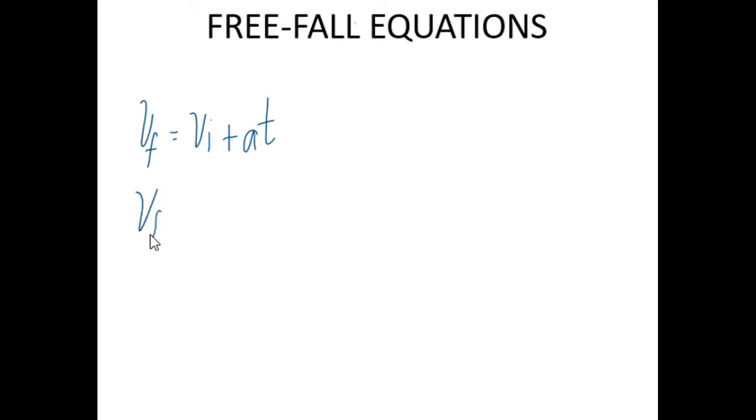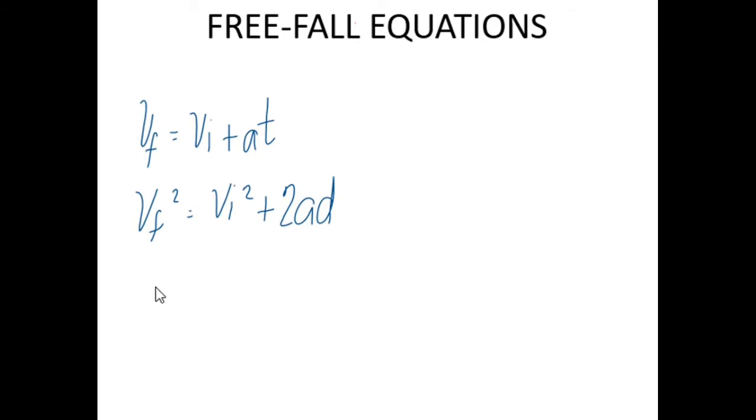We also have Vf squared equals Vi squared plus 2ad, wherein final velocity squared equals initial velocity squared plus 2 times the acceleration times the distance, as long as the initial distance, or our reference point, is x equals 0.